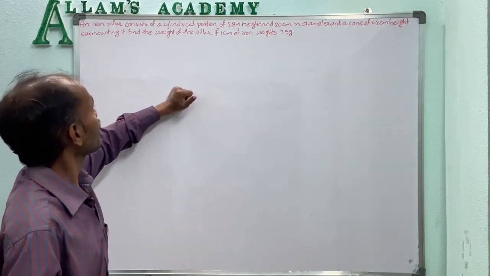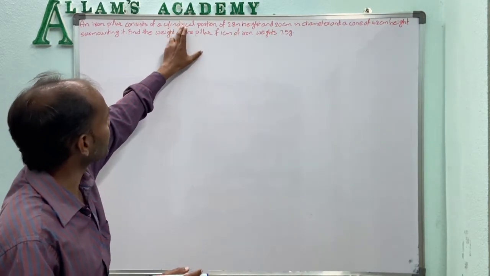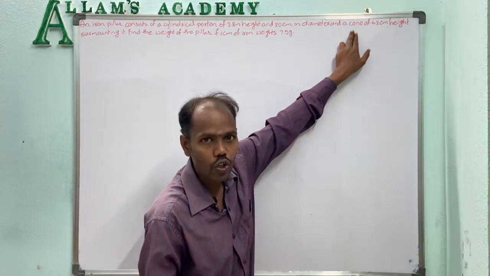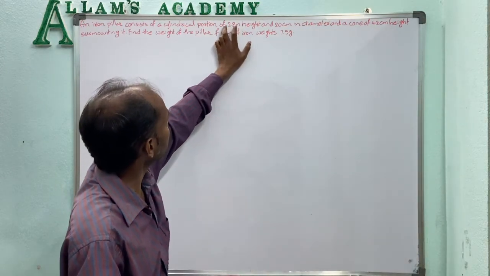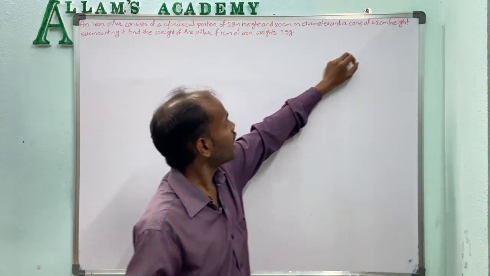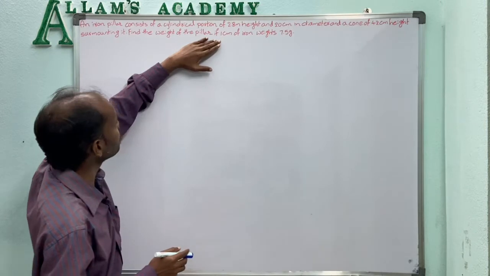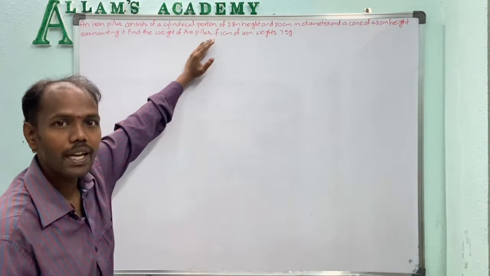So here the iron pillar is in the shape of a cylinder with a cone on top. Now here the height of the cylinder and diameter are given, and the height of the cone is given. Now we have to find the weight of the iron pillar.